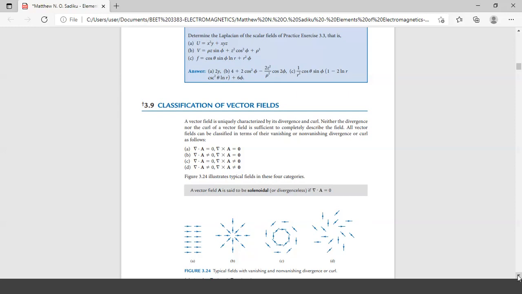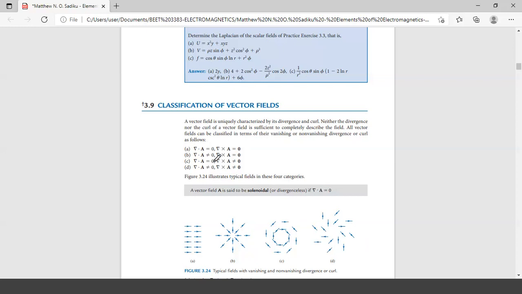Classification of vector field. A vector field A is said to be solenoidal or divergenceless if divergent A equal to 0. So divergent A equal to 0, curl A equal to 0. Divergent A not equal to 0, curl A equal to 0.